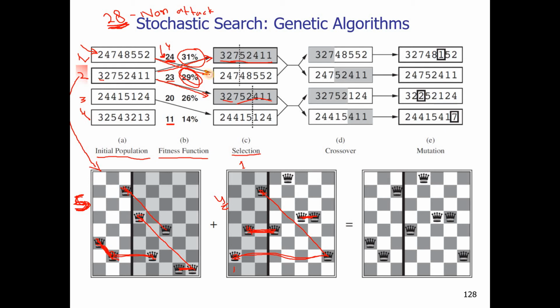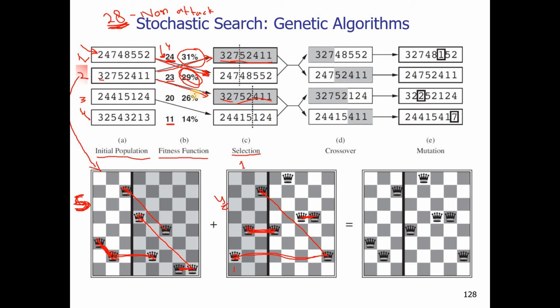That's why the first one is not chosen more. The first one had an even higher value, more probability, 31%. But because it's a probability, there are always chances. So this time the first one did not get a chance, but the second one, with almost the same probability, got 2 chances to reproduce.